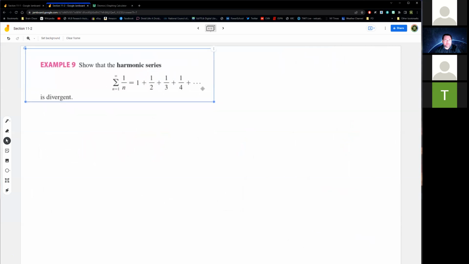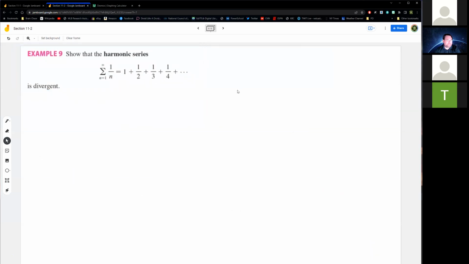All right. This one's actually a very, very important series. The harmonic series. And one we're going to come back to a couple times. Looking at that series, do you think it's convergent or divergent? I know what it says, but just looking at it, do you think it would converge or diverge? Converge. Right, because those fractions are getting smaller and smaller, right?